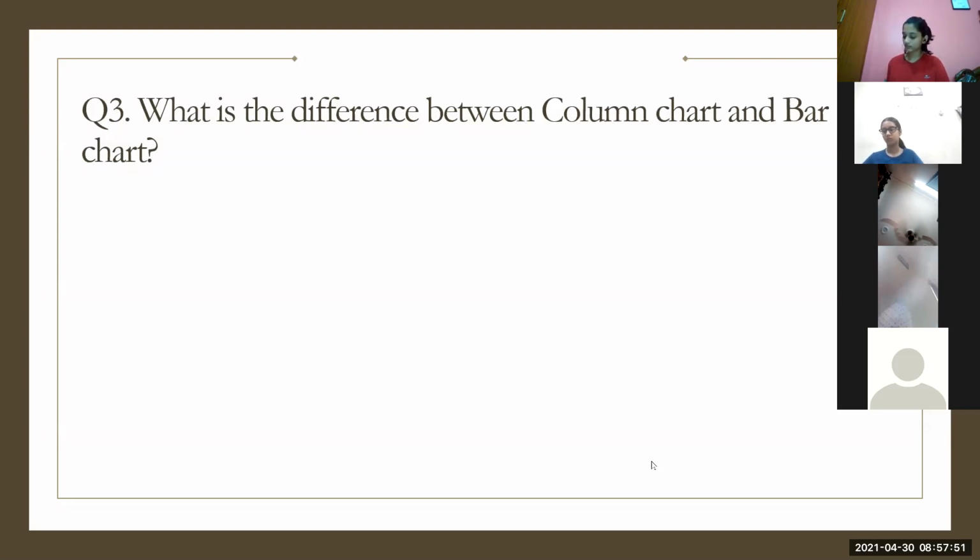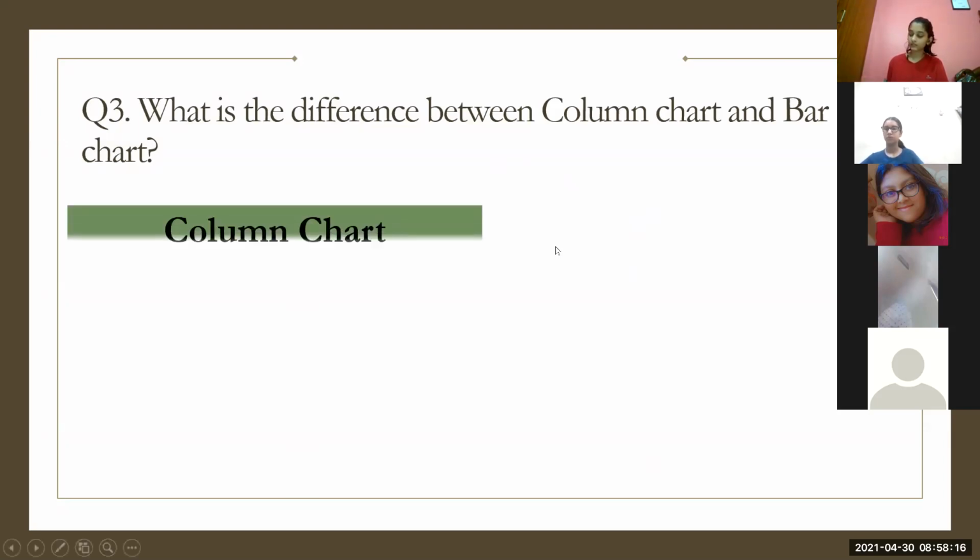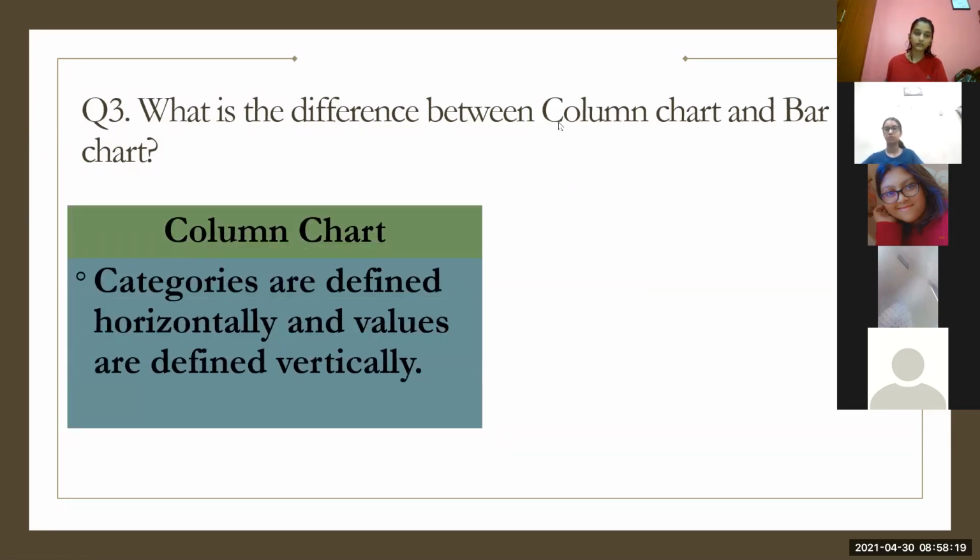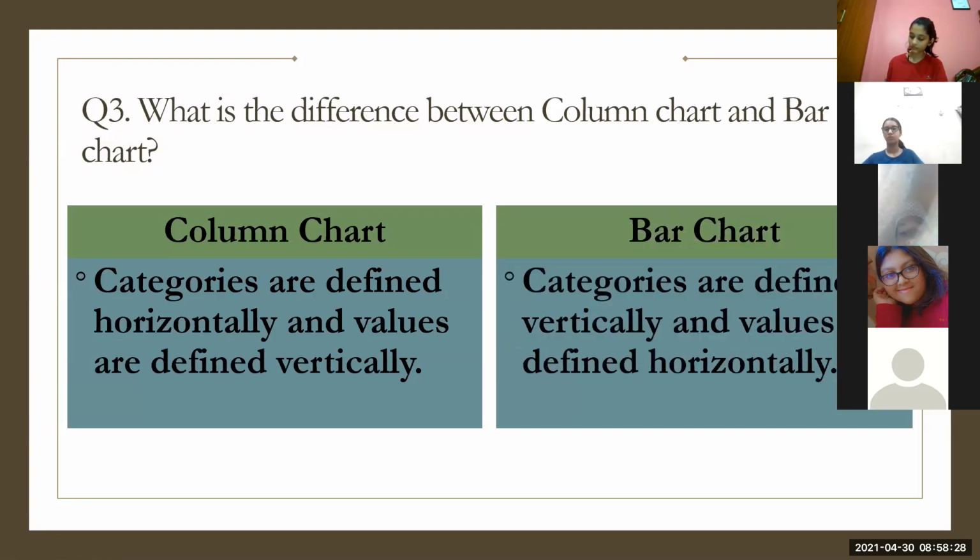Correct. Both the charts look similar, only one difference is there. In column chart, the bars are vertical, and in bar chart, the bars are horizontal. That means categories are on the x-axis and values are on the y-axis in column chart, and in bar chart categories are on the y-axis and values are on the x-axis. That is the difference. Okay? Only one difference is that in column chart, categories are defined horizontally on the x-axis and values are defined vertically. And in bar chart, values are defined horizontally and categories are defined vertically.